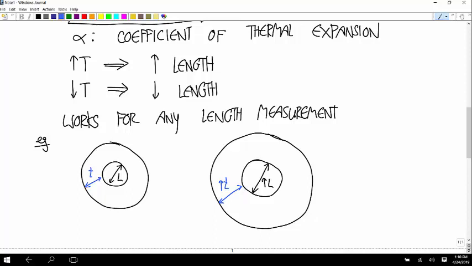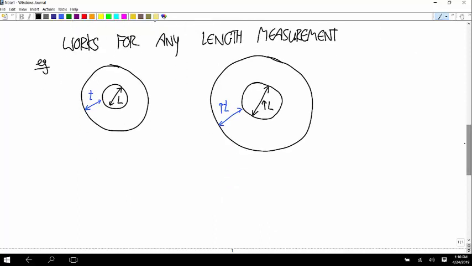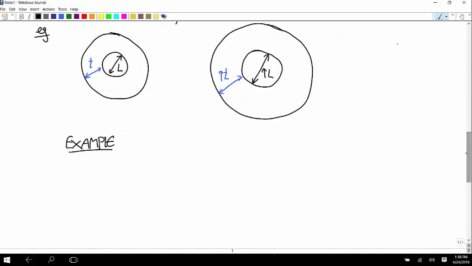Okay, so let's do a calculation now where we'll combine the expansion or contraction that happens from axial loads with the expansion or contraction that happens with a change in temperature. So let's say we have this steel thing.